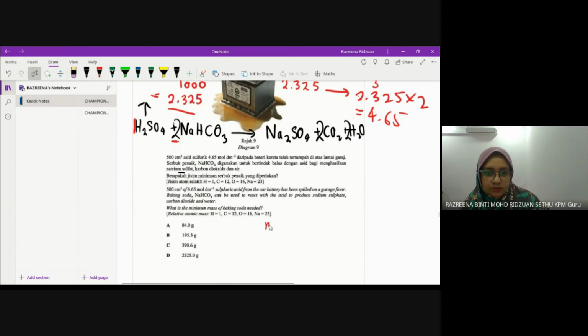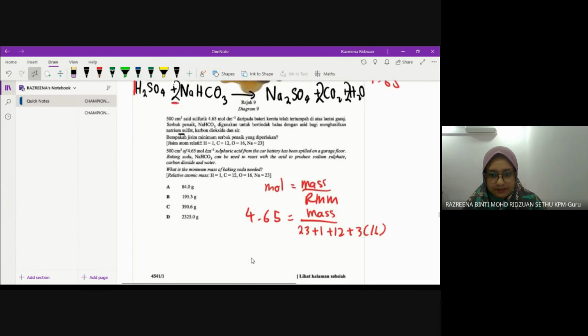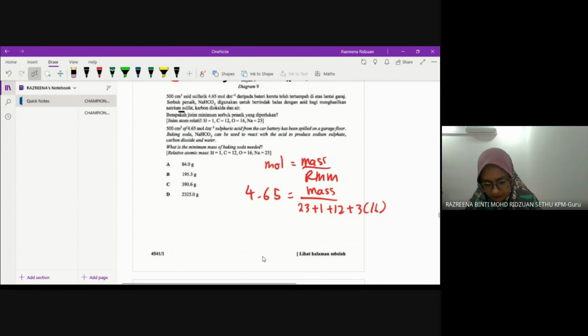So mole is equal to mass over RMM. 4.65 is equal to mass, which is what you're looking for, over the molar mass. Na is 23 plus 1 plus 12 plus 3 times 16. This is 84.